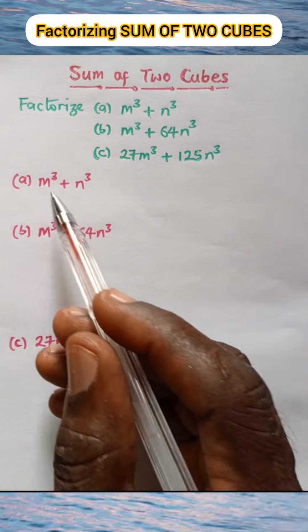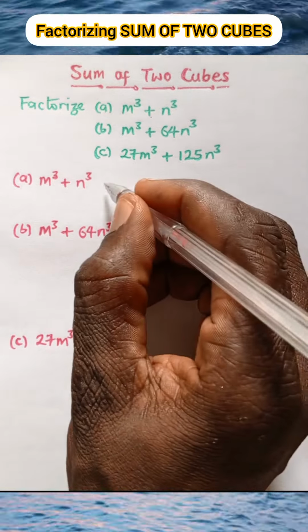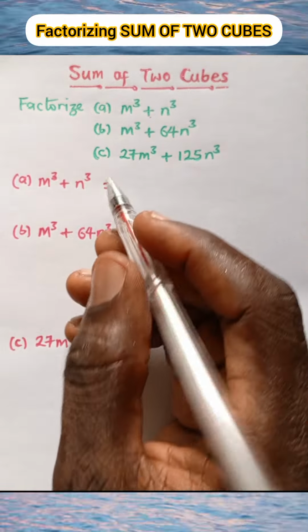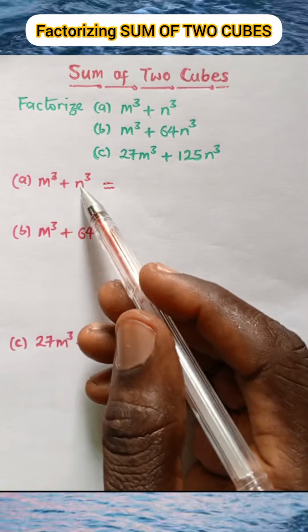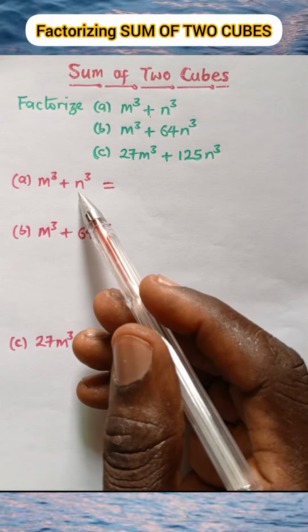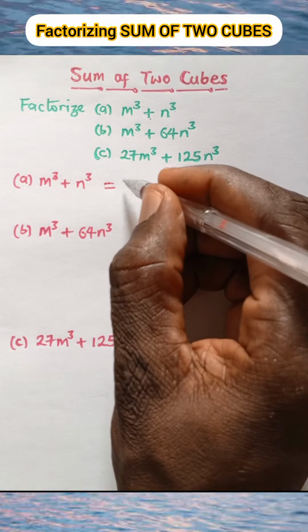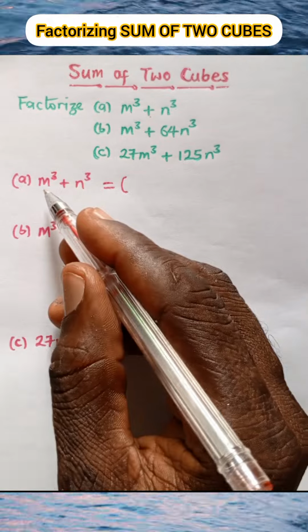Let us start with the first one, m cubed plus n cubed. Now, when you have two cubes like this, m cubed, n cubed, related by addition, it is called sum of two cubes. And just like difference of two cubes, when you factorize sum of two cubes, the answer is always in this pattern.